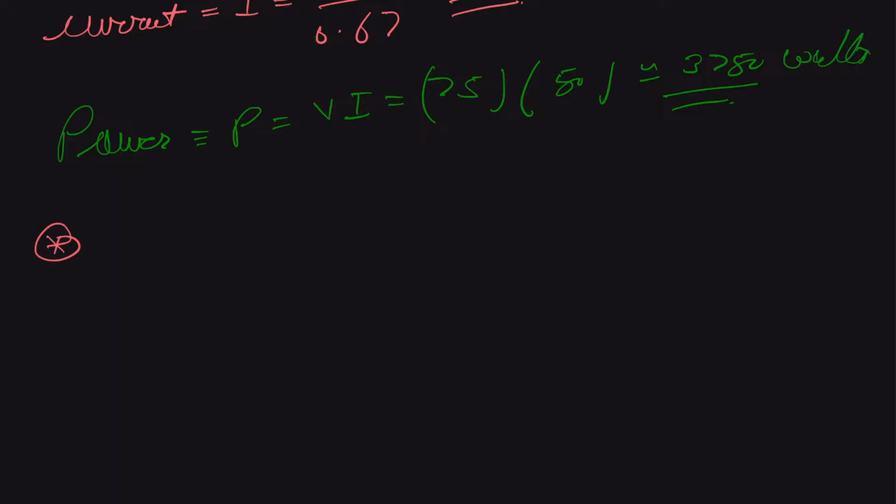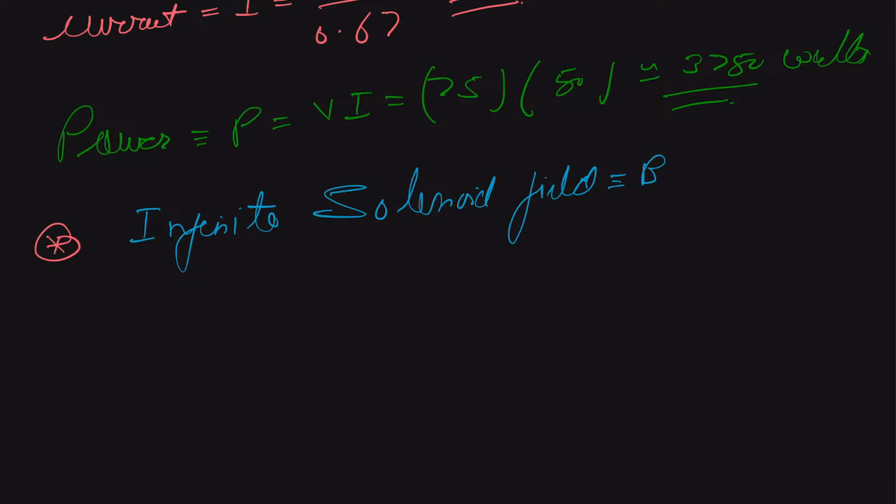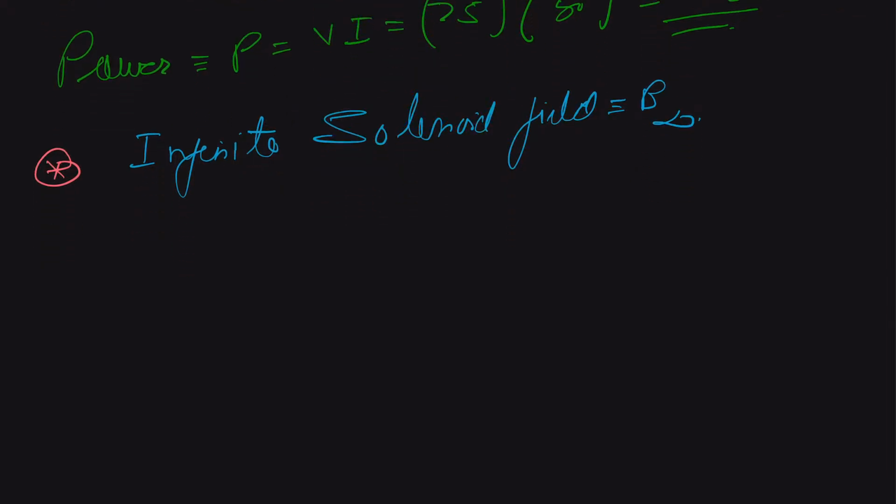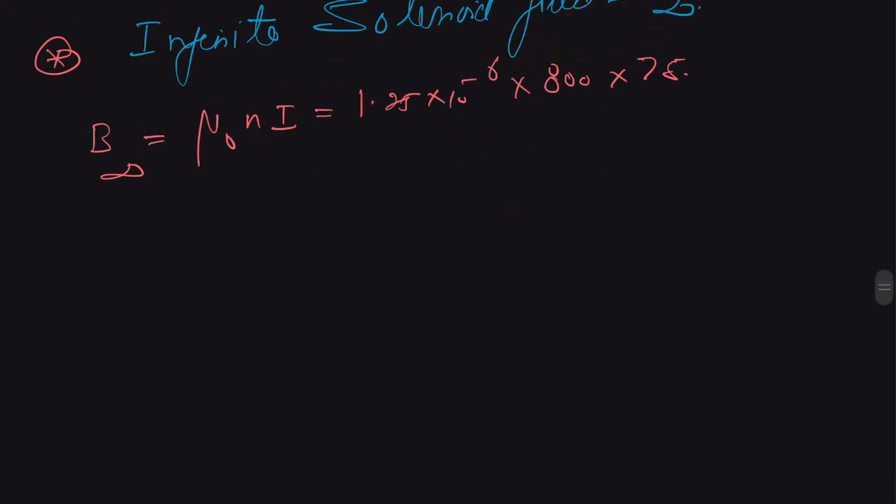So we can say that the infinite solenoid magnetic field, which is suppose our B infinity, and this B infinity, the standard formula is mu naught n times I, and mu naught is 1.25 into 10 to the power minus 6, multiplied by 800 and multiplied by the value of our current, approximately 75, and this comes as approximately 0.07495 Tesla, but we are supposed to find out in Gauss.